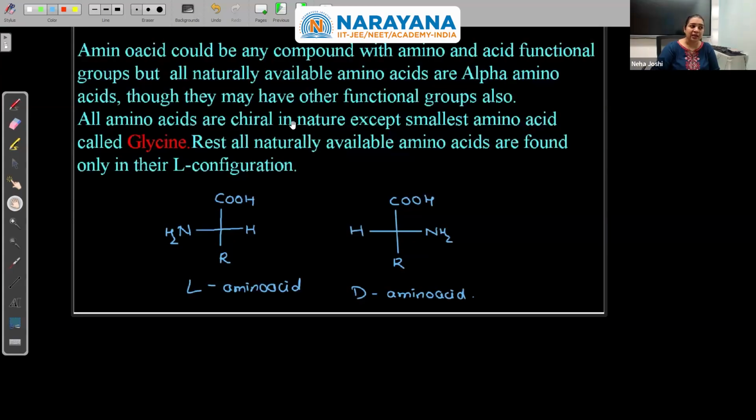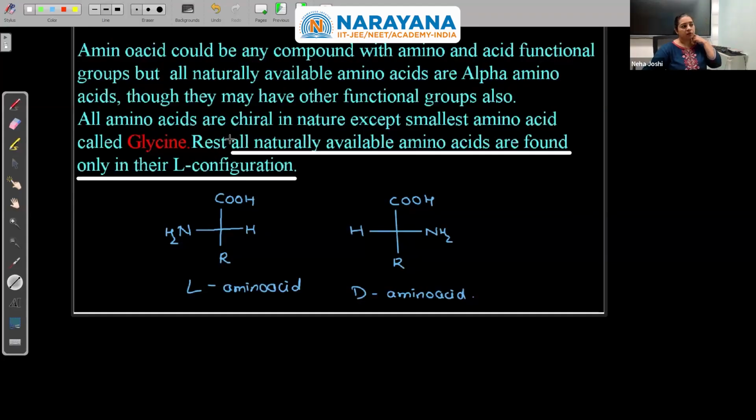All amino acids are chiral in nature, except the smallest amino acid, called glycine. It is achiral, rest all are chiral. Rest all naturally available amino acids are found only in their L configurations. Please remember this in particular, that all naturally available amino acids are found only in their L configuration.